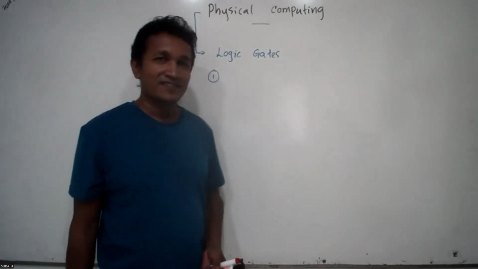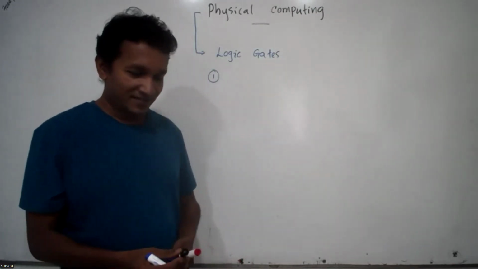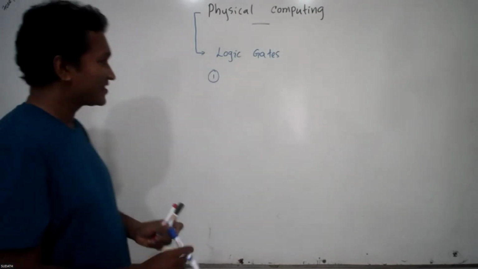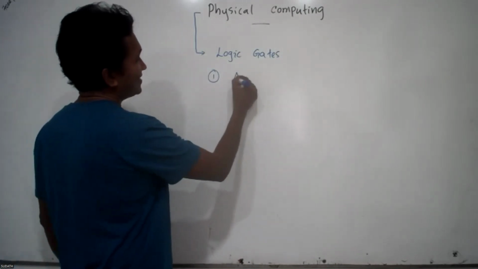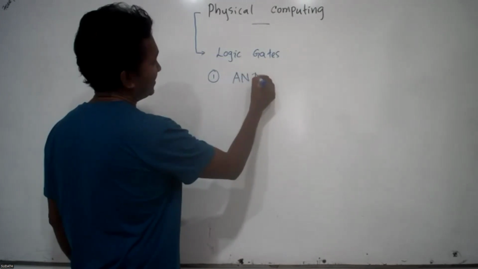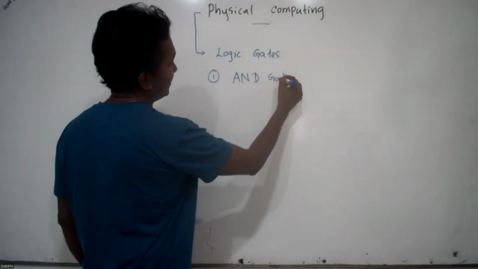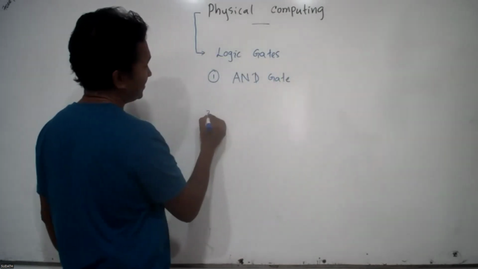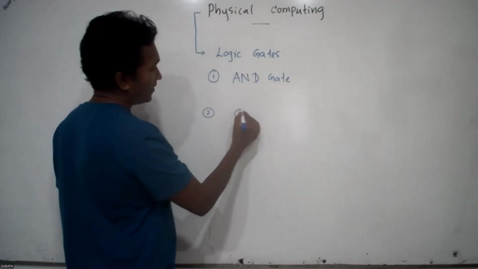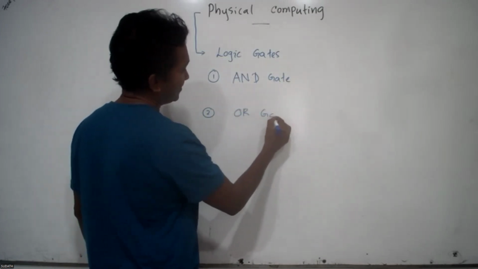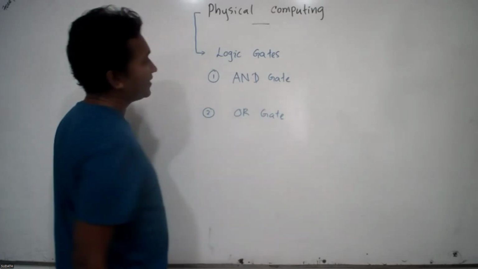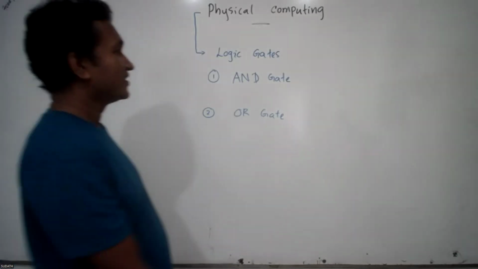What is the first one? AND gate. Yes. Then OR gate. AND gate and OR gate.